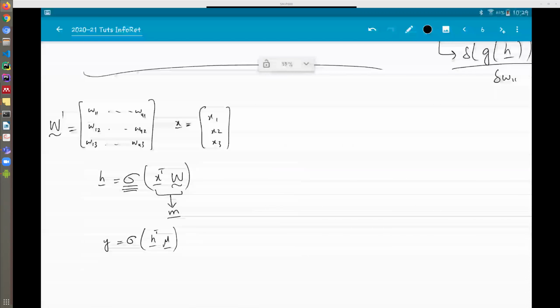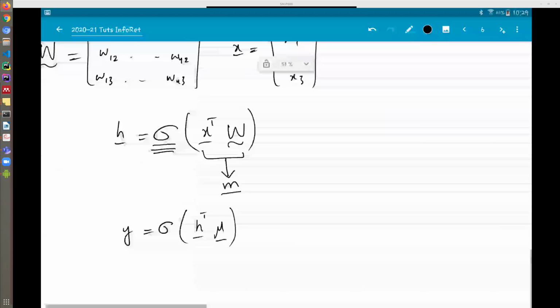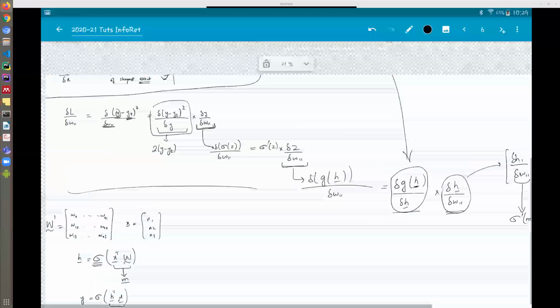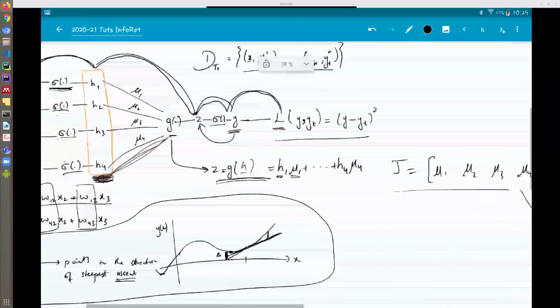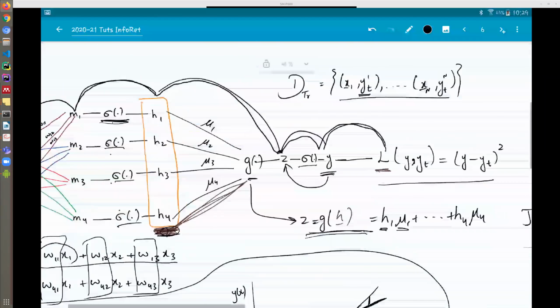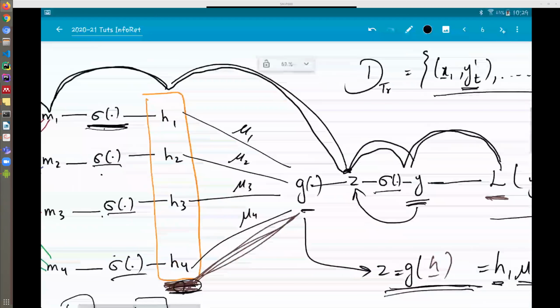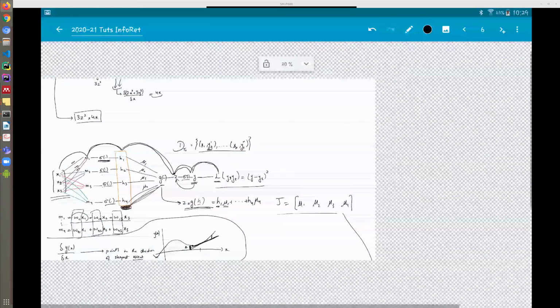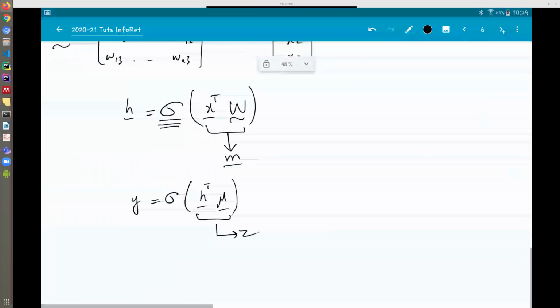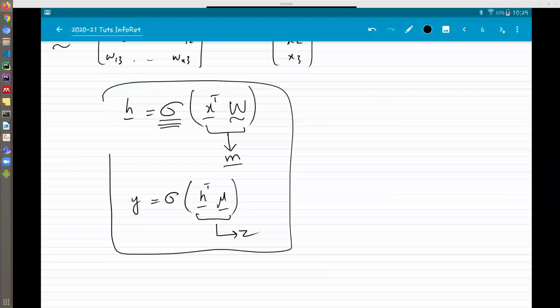So this will give us a scalar, which was equal to z in the figure. This dot product gives us z, and then we use the activation function, and it gives us y in the end. So this is the simple assembly that our neural network boils down to.